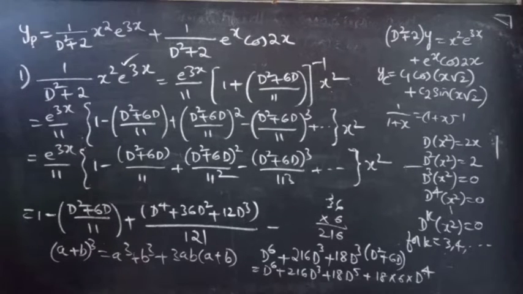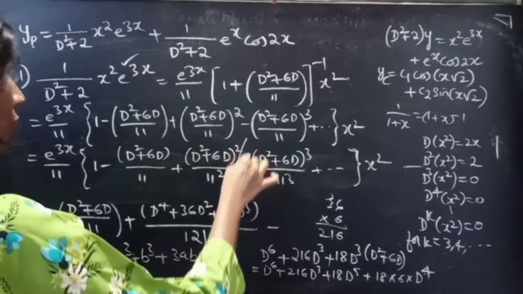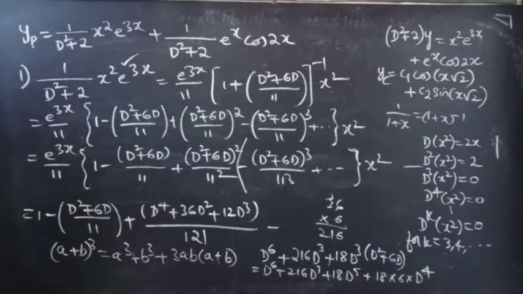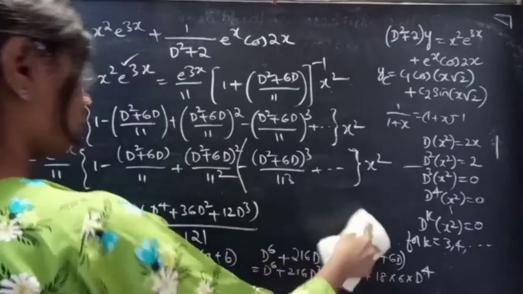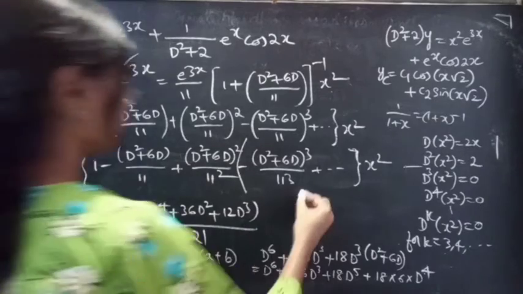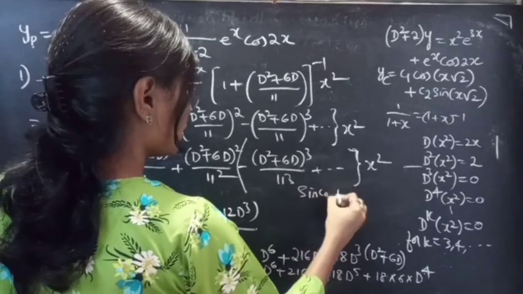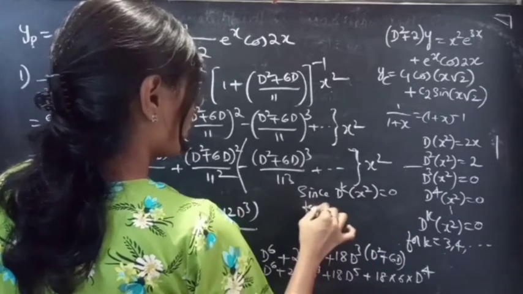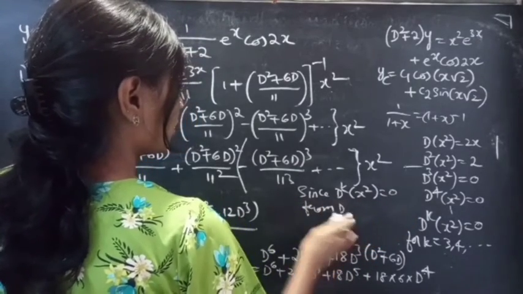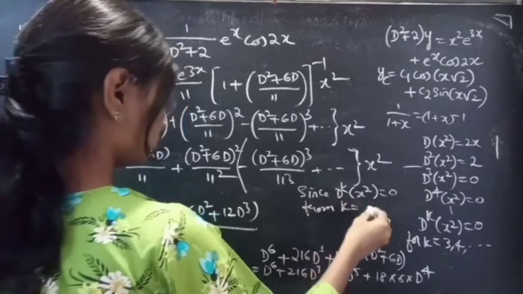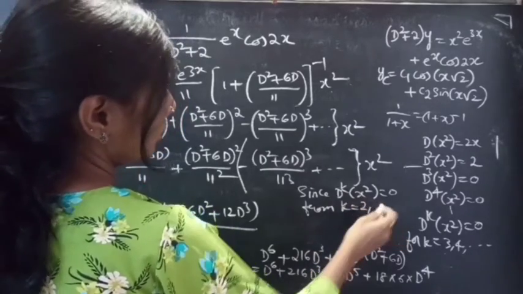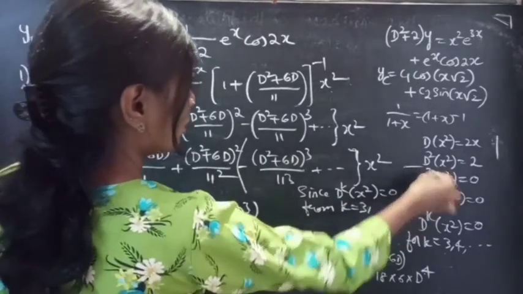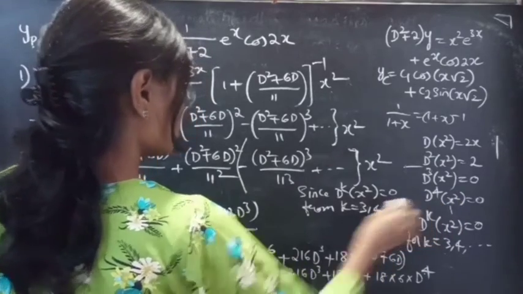Now we'll neglect all the terms from here, since d power k of x square is 0 from k equals 3, 4 and so on.